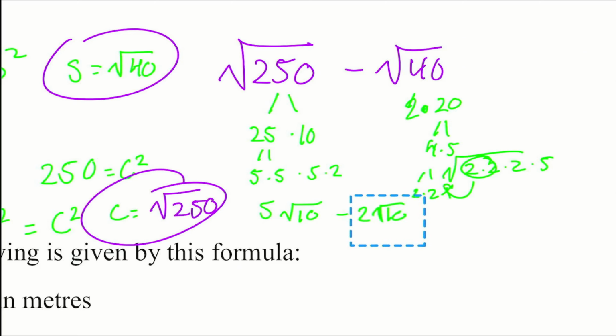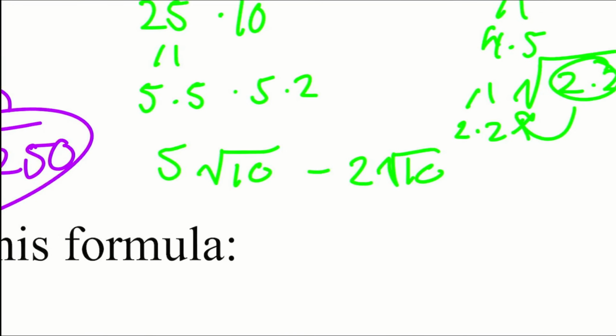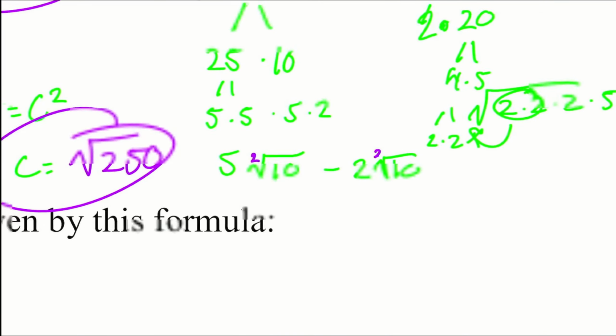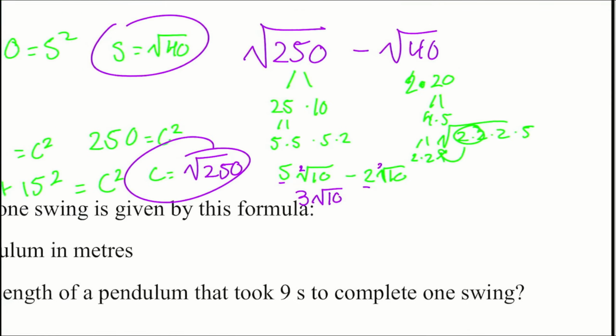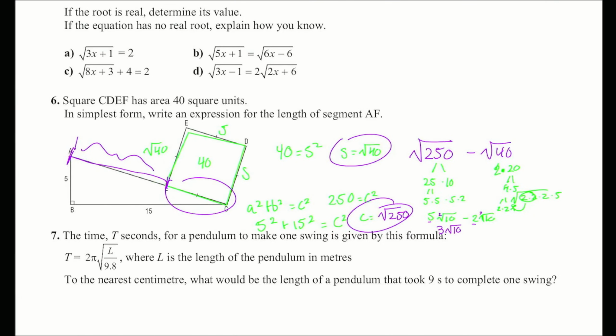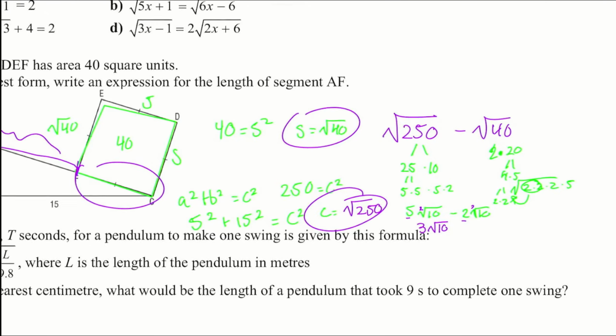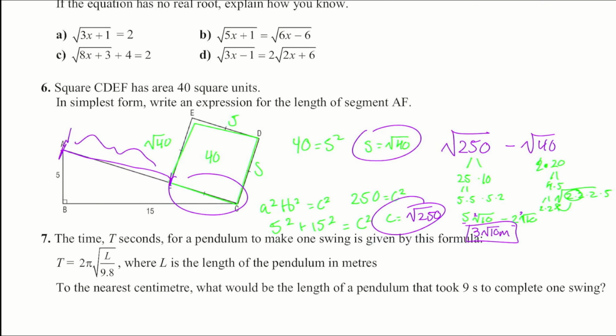They have the same radicand and also the same index of 2, so we can actually subtract. So 5 minus 2 is 3 root 10. Our final length here is going to be 3 root 10 meters. And that's going to be your final answer for the length from A to F.